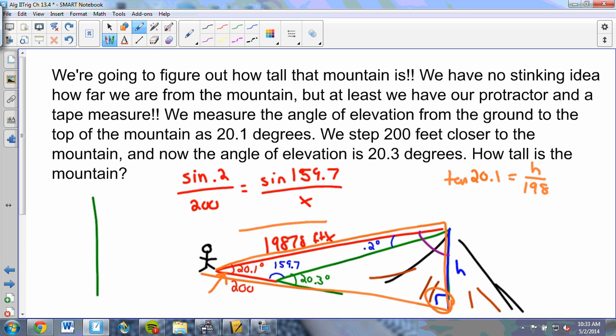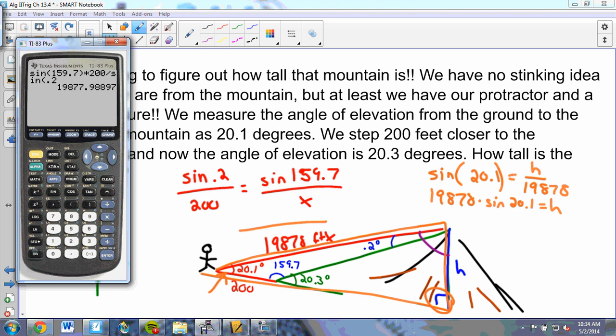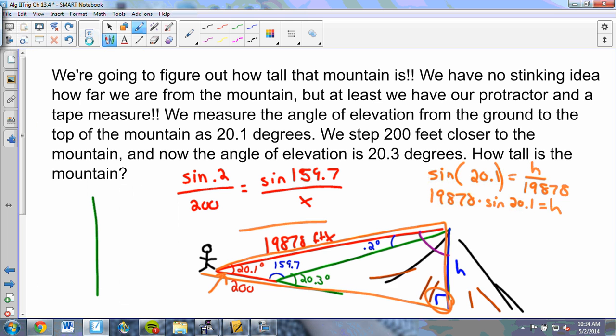Oh, it's hypotenuse, you're right. So I want sine, thank you. So I do 19,878 times the sine of 20.1, and that's going to give me the height of this mountain. 6,831 feet. That's not a person, that's a mountain.